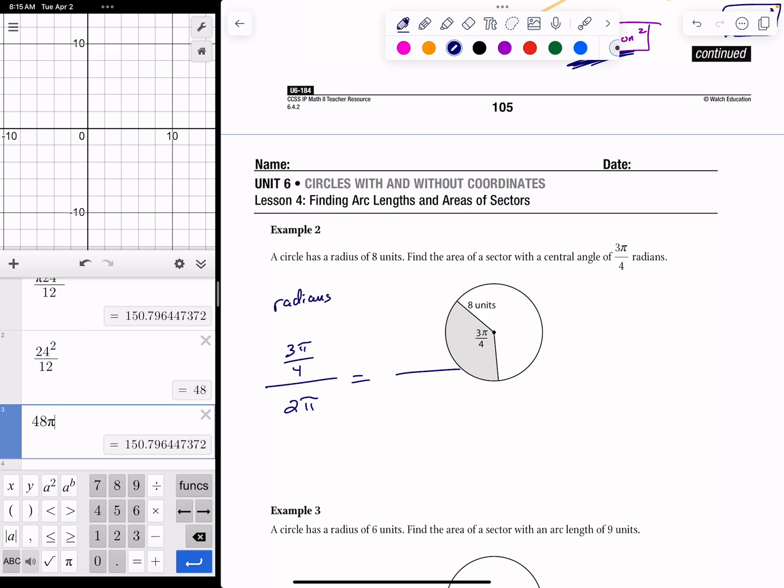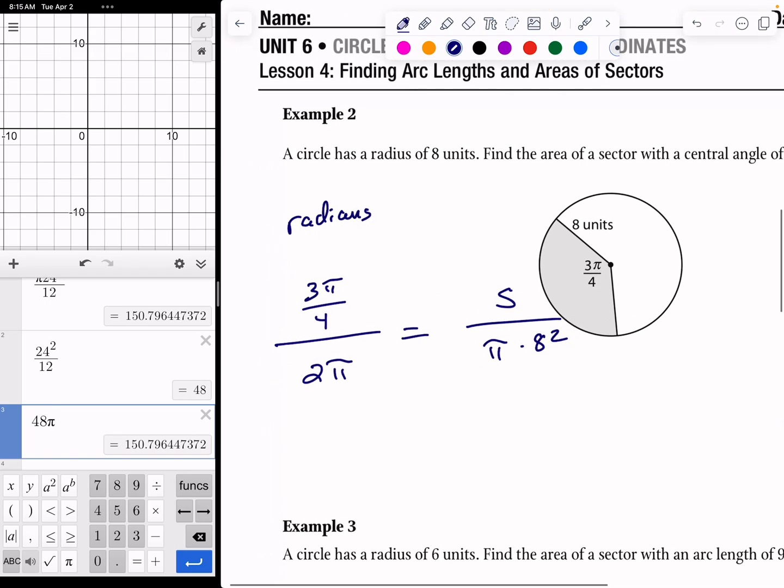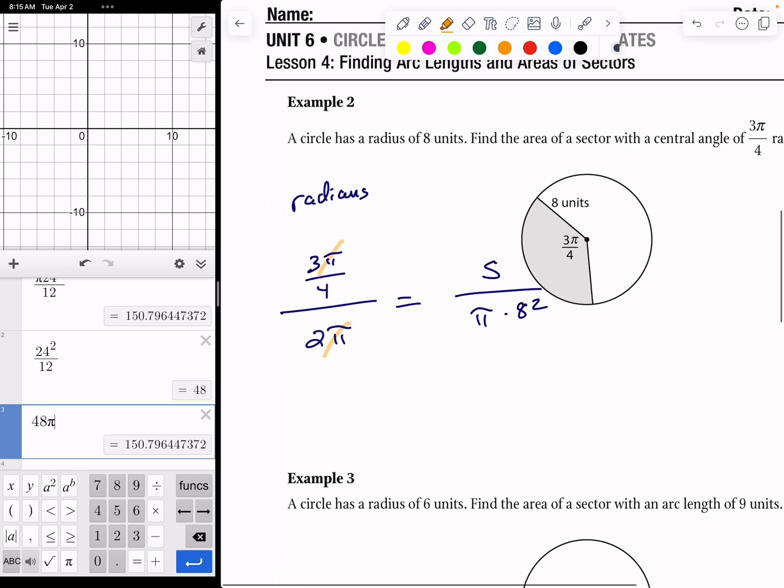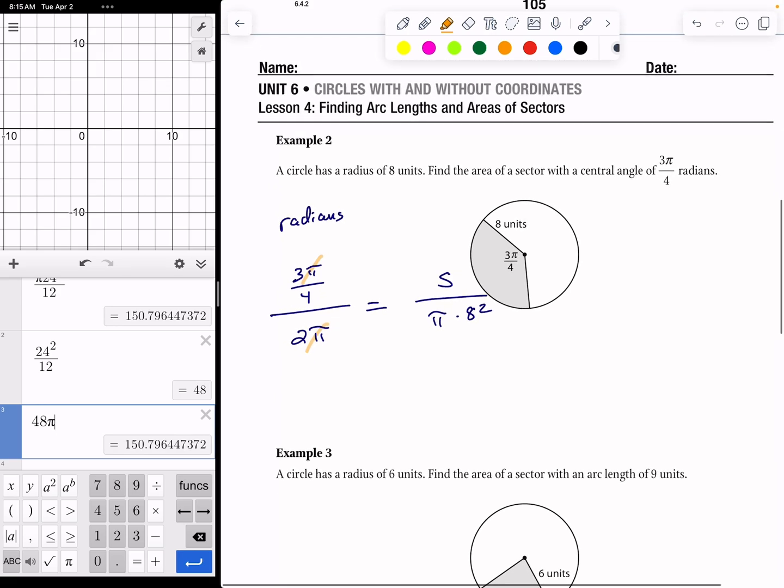The left side is radians instead of degrees. Then this is S for sector over pi 8 squared. First of all, the pi's cancel, so we can get rid of those.